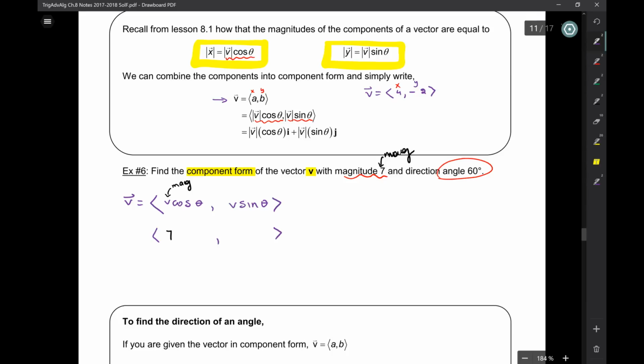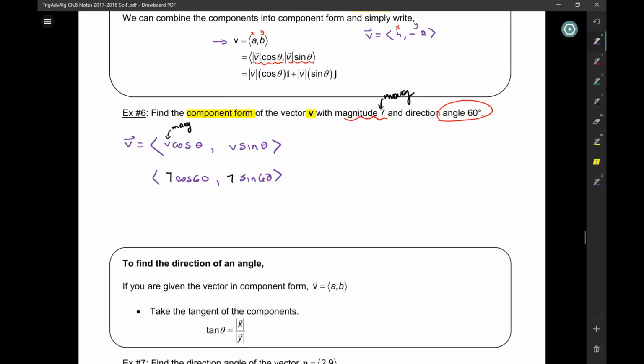So I'm going to have 7 for v. And then cosine theta, what's the angle I have? Cosine 60, right? And here again, it's 7 sine 60. All right, so 7 cosine 60, 7 sine 60. And then I just have to put these in my calculator. What's cosine of 60?